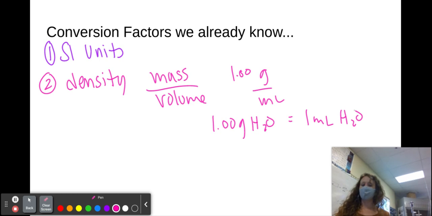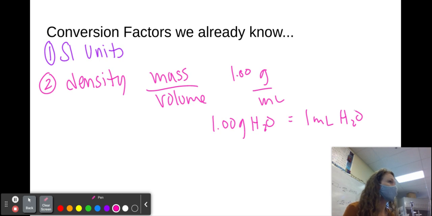So I would take your next card, and I would make a little fraction for density. If you ever need to convert between mass and volume, or grams and milliliters, you may be able to use density.